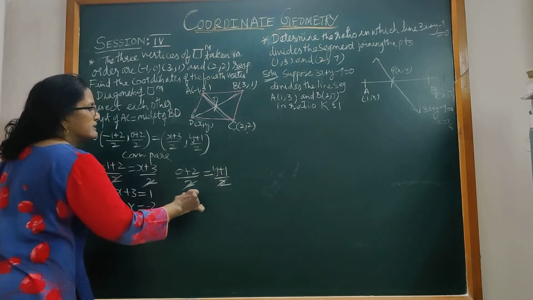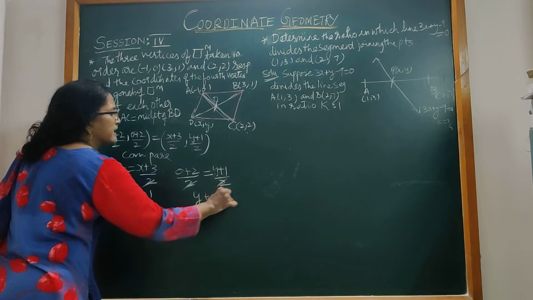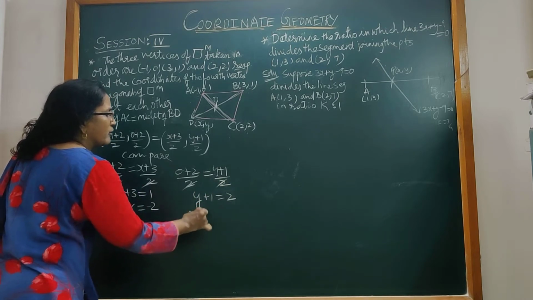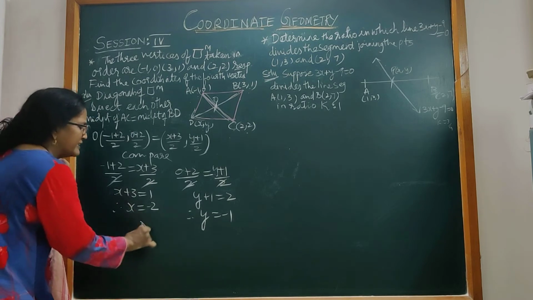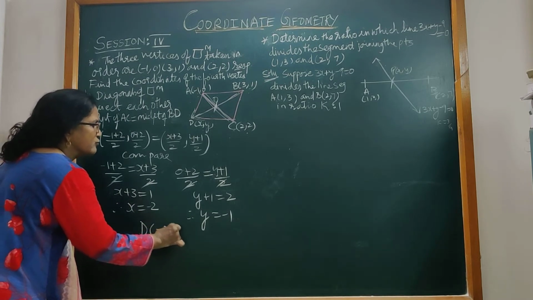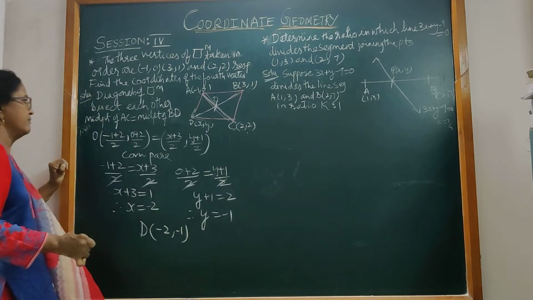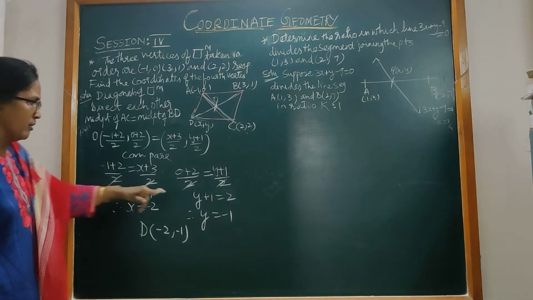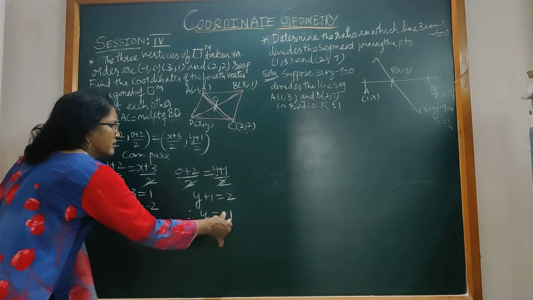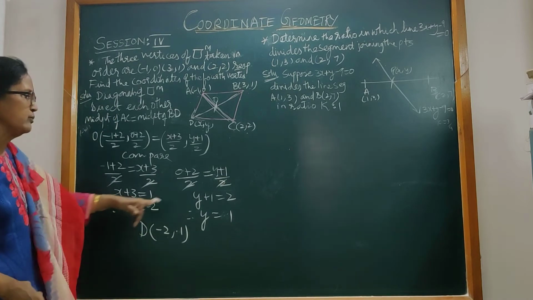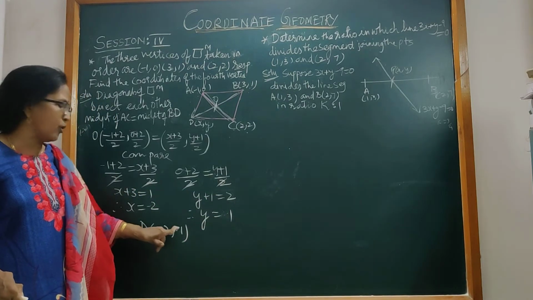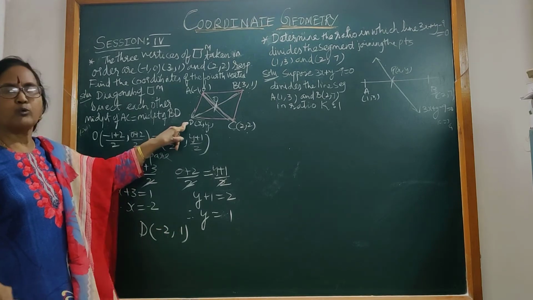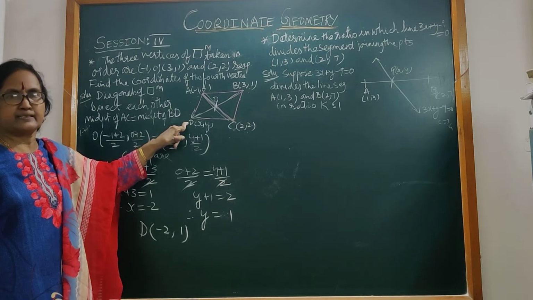Now 2 cancels, so y + 1 is equal to 2. Therefore, y is equal to 1. Therefore, the coordinates of D are (-2, 1). So we found the fourth vertex.